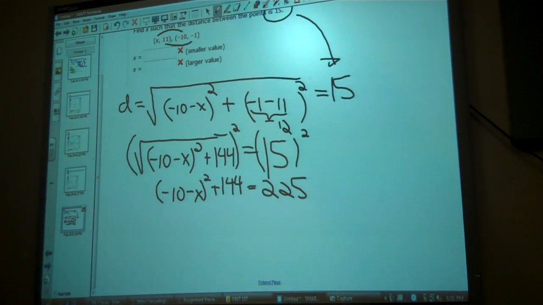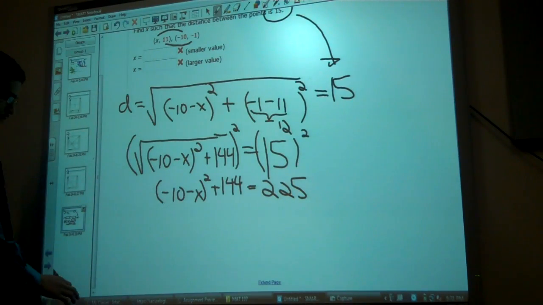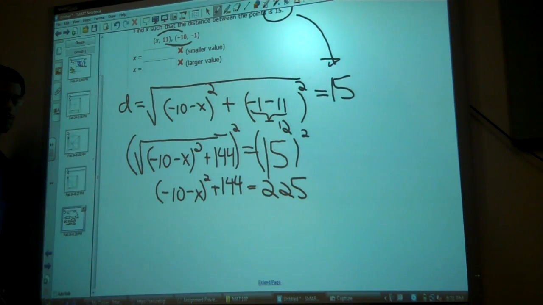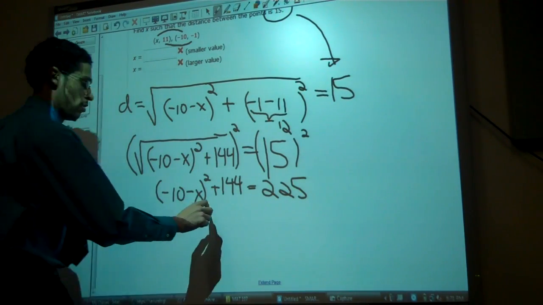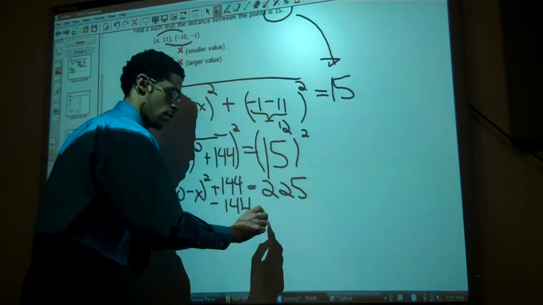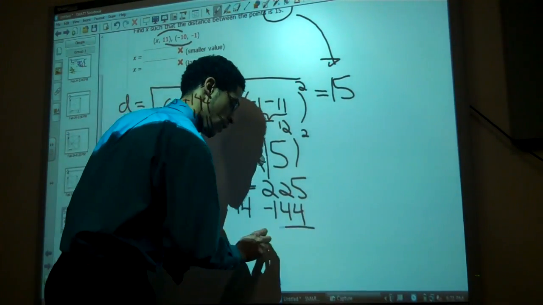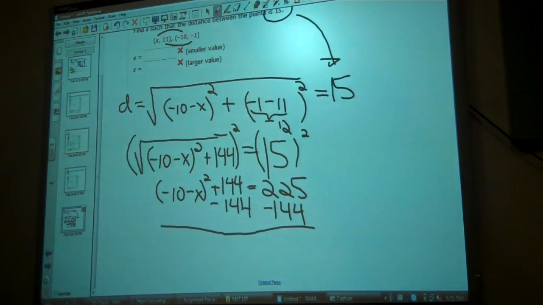Algebraically, what would you do next? Yeah, get rid of 144 first. 81.